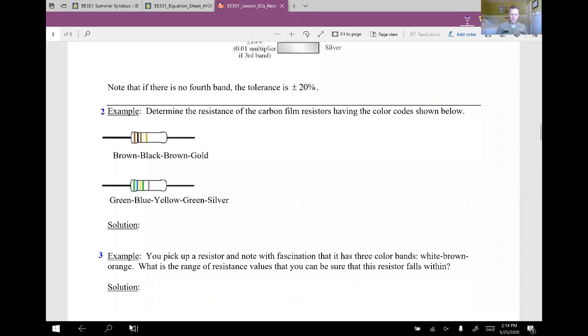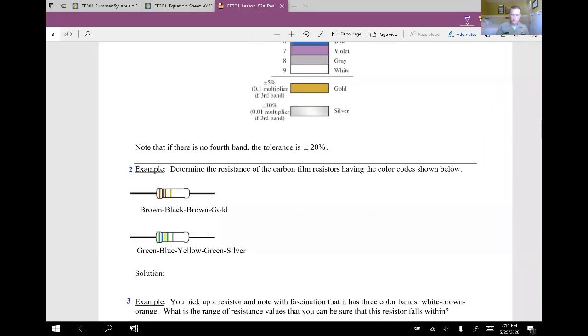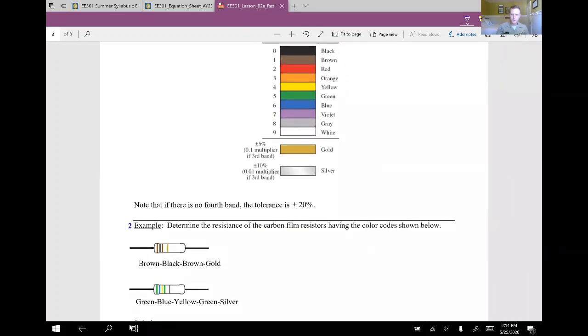So just using the method that we saw of the first digit, second digit, multiplier, and the tolerance, we can put these together. I'll zoom out just a little bit so we can see the colors there. The brown is a 1. The black is a 0. The brown is the multiplier, because we're on the 3rd one now.